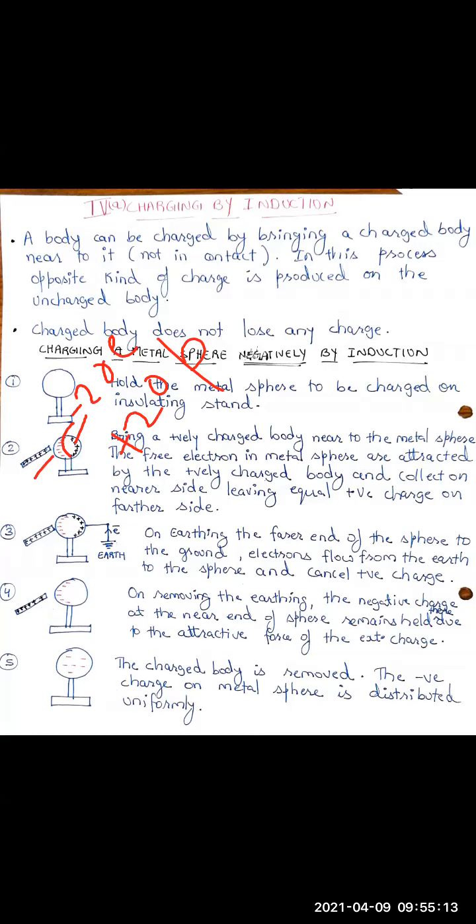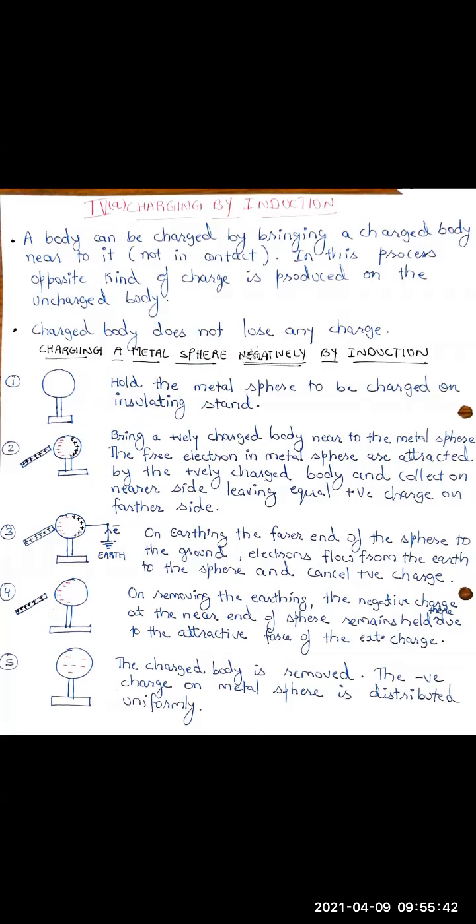All the electrons will get collected near the near side of the rod. The negative charges will move towards the rod. But at the same time, the positive charges in the sphere, because of the repulsion force, will all get collected at the far side, right?